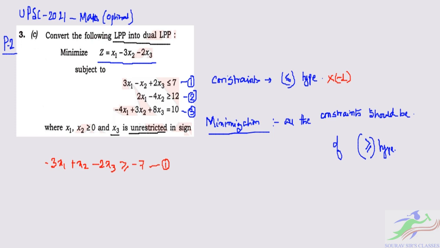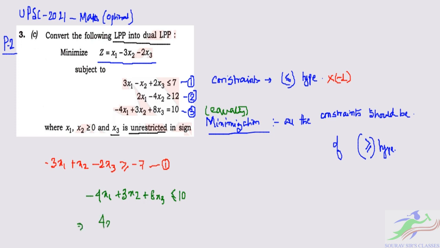And equation 3, you can see, has an equality sign. What will we do with this? It is given as minus 4x1 plus 3x2 plus 8x3 equal to 10. So we can write this as less than or equal to 10.